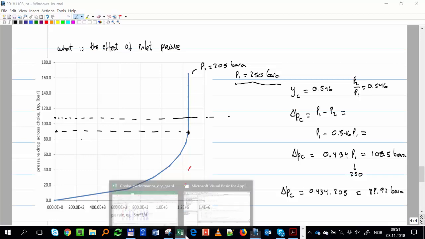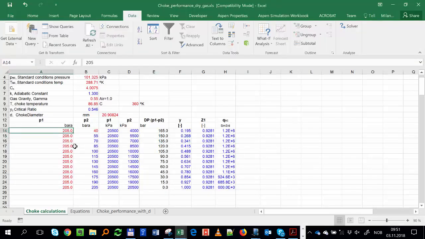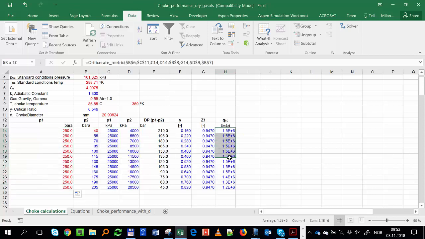So let's do that. It's very simple. We change, instead of 25, 250. Don't change the orifice, the orifice is 20.9, that's the orifice it works. So, where is it? Is it to the right or to the left? Look at the critical rate. The critical rate is 1.5. It's to the right.